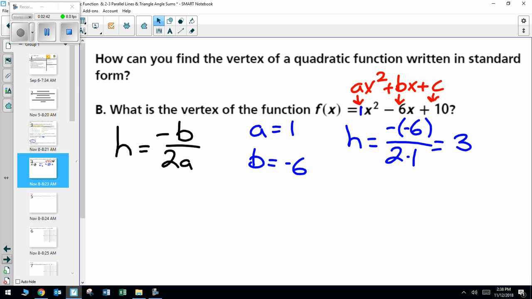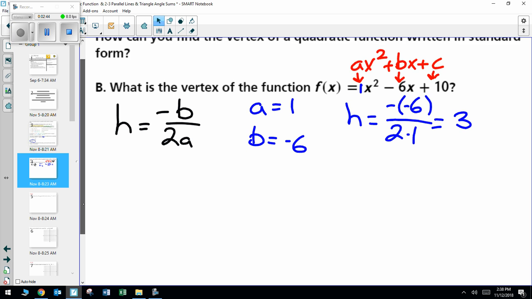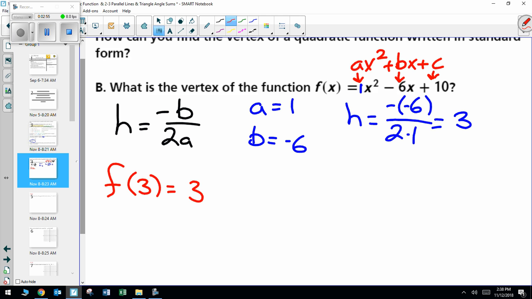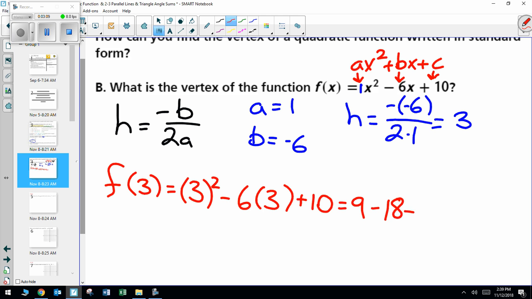Now, once I have the x value of the vertex, I need to find the y value, and they were nice enough to give me an equation to do that. So if I plug in 3 for my x's, I will have 3 squared, which is 9, minus 6 times 3, which is 18, plus 10, and putting that all together gives me a positive 1.